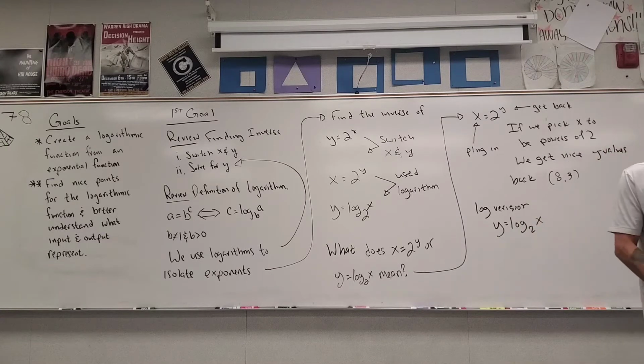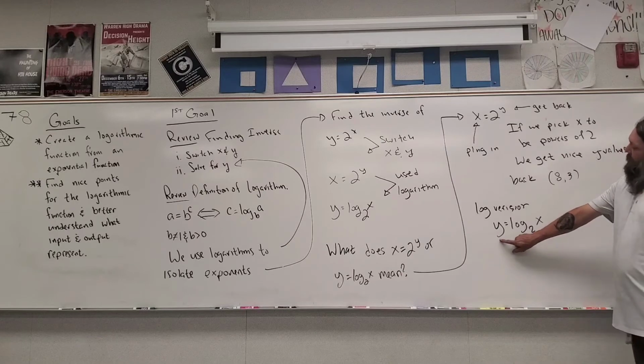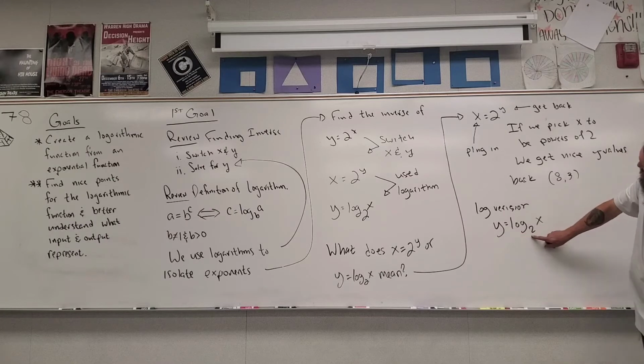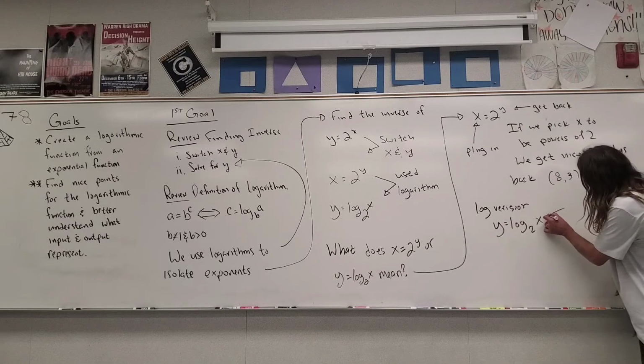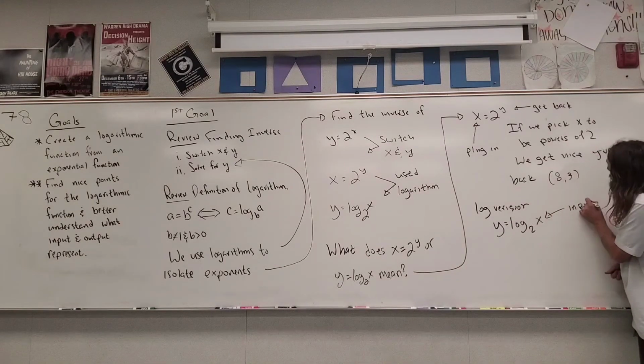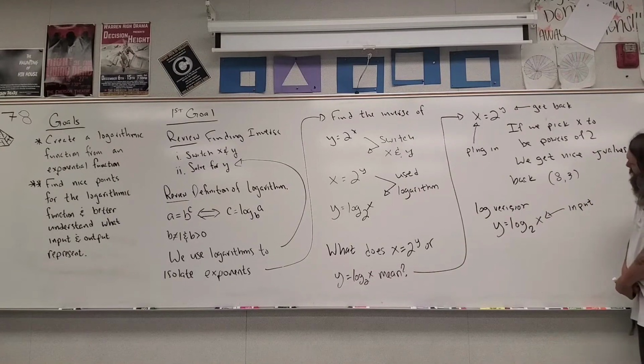And let me translate this for you. So, what does y need to be so that when you multiply 2 by itself so many times, you get x? Right, so we pick this. This is our input. This is what we get to plug in.